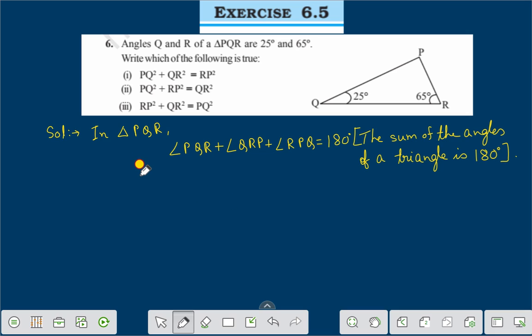Therefore, here you see that angle PQR is 25 degree plus angle QRP is 65 degree plus angle RPQ is equal to 180 degree.